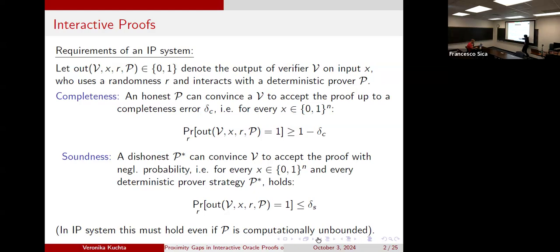The probability that the verifier accepts the proof after interacting with the prover, with some other inputs to the protocol, like the randomness involved in the proof, and X being the actual statement that the verifier has at the beginning, the probability that the verifier after interaction with the prover accepts the proof, so outputs 1, should be negligible. Actually, it should be a prover star, so it should be an interaction of the verifier with the dishonest prover, right?